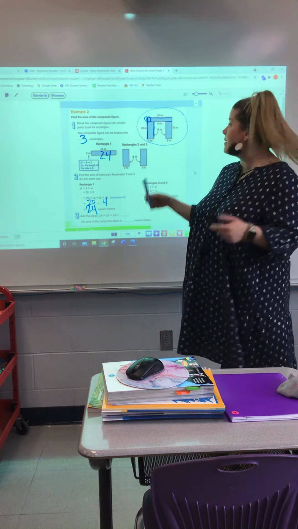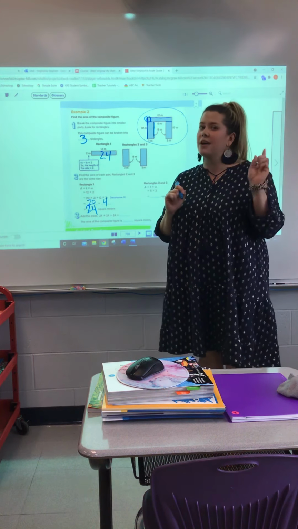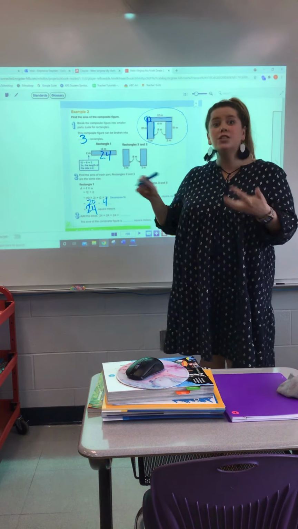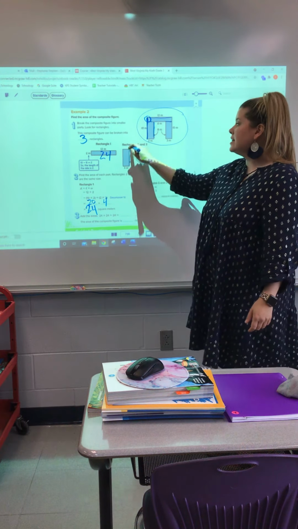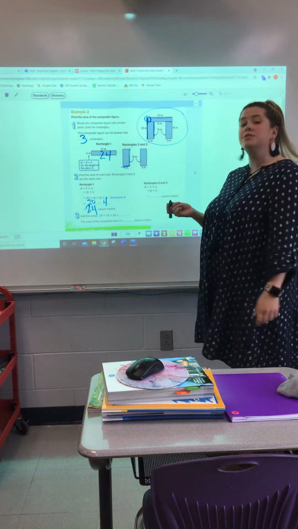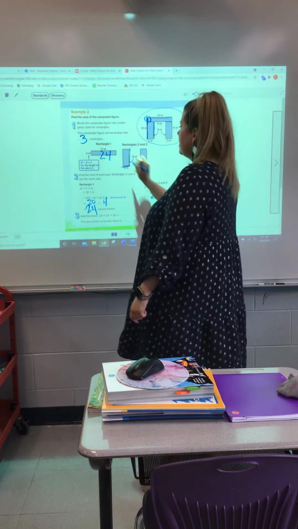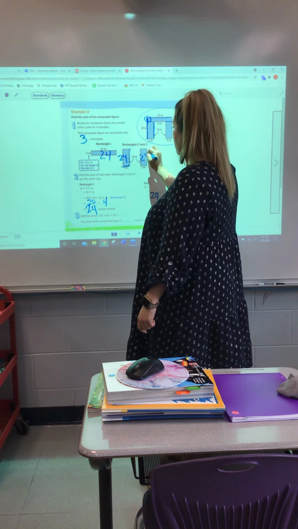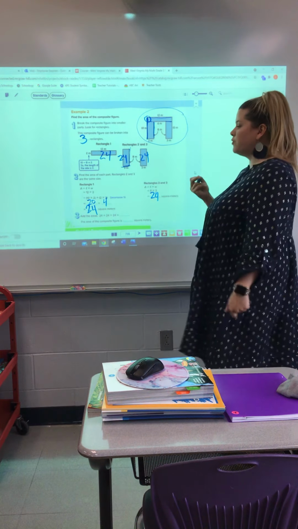Now here's the cool thing about these two. They're exactly the same. So we really only have to figure out the area of one of them to know the area of both of them, okay? So I know the length is 8 meters and the width is 3. What's 8 times 3? Right, 24. Huh, that's interesting. So all 3 of my rectangles have an area of 24.